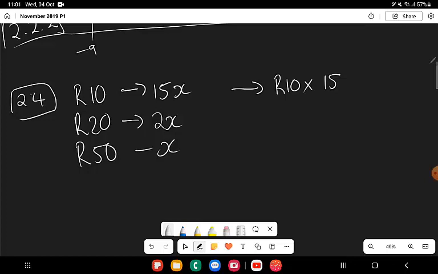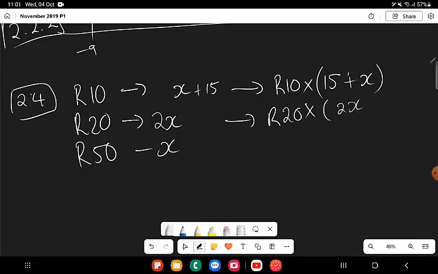Not 15 times, but 15 more. So it should be x plus 15, 15 plus x. And then this one is going to be 20 Rand multiplied by 2x. And this one is going to be 50 Rand multiplied by x.